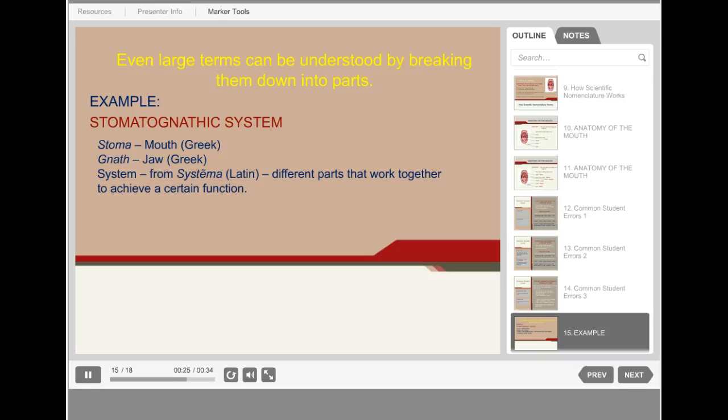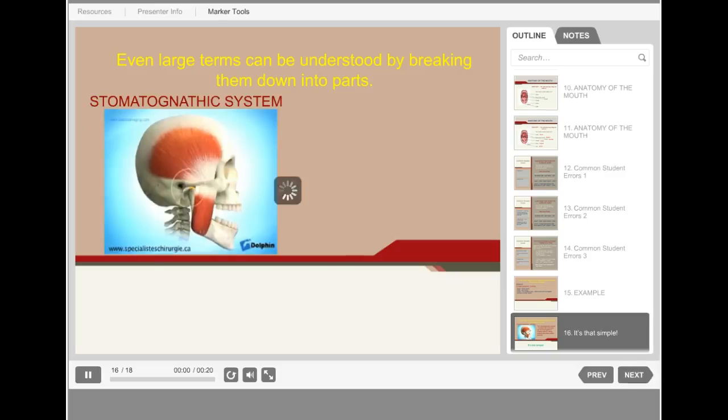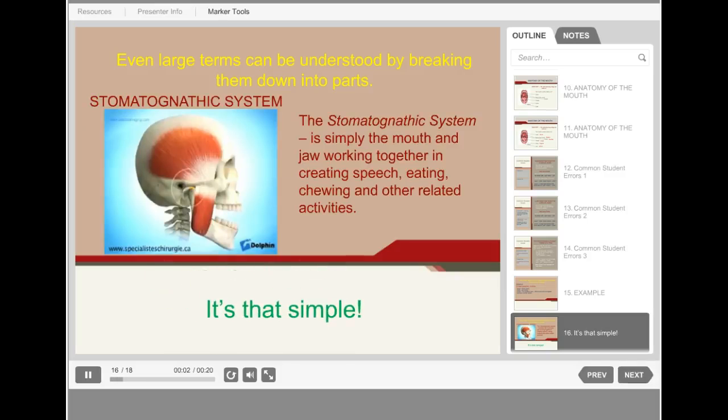System comes from systema in Latin, which means different parts that work together to achieve a certain function. Therefore, the stomatognathic system simply means the mouth and jaw working together in creating speech, eating, chewing, and other related activities. It really is that simple.